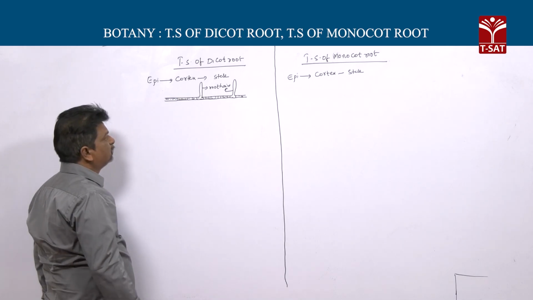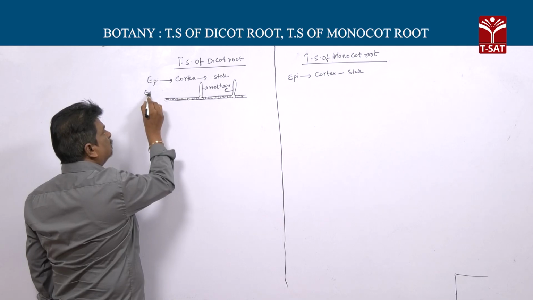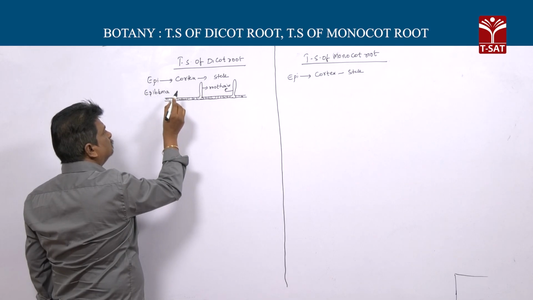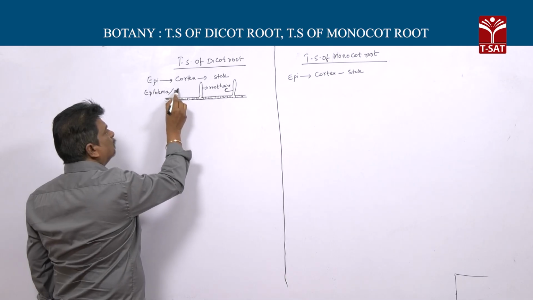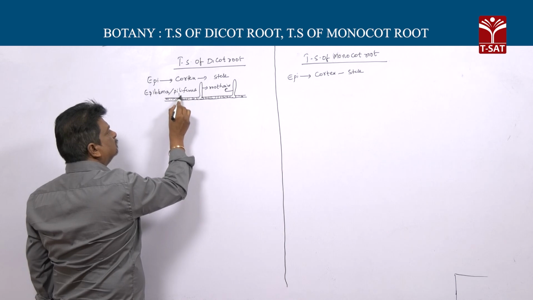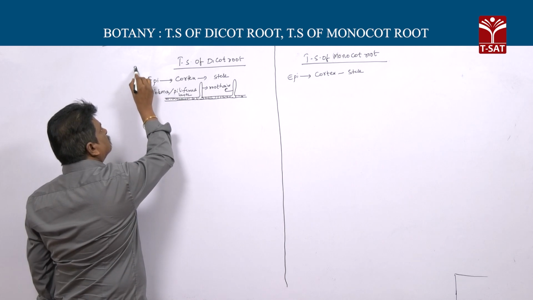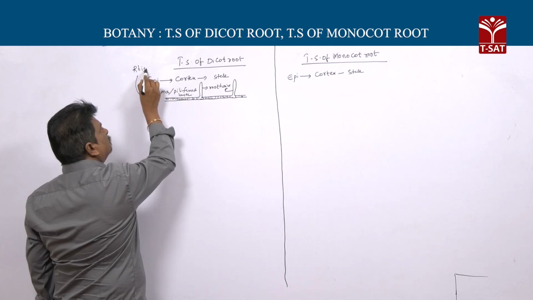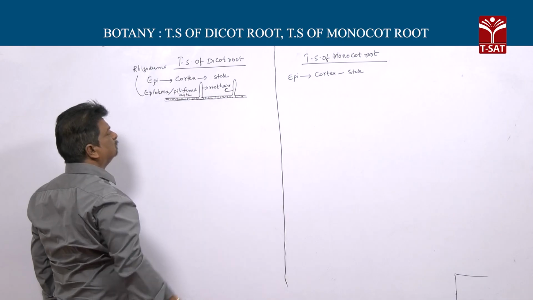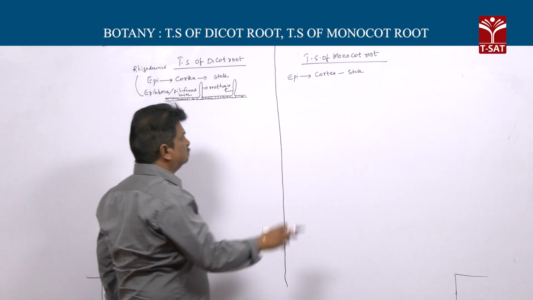Because of root hairs, root epidermis is called piliferous layer or Epiblema layer or rhizodermis. This is epidermis of dicot root.